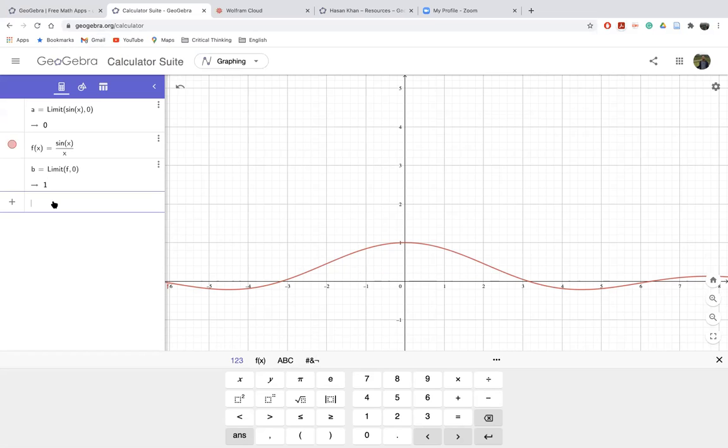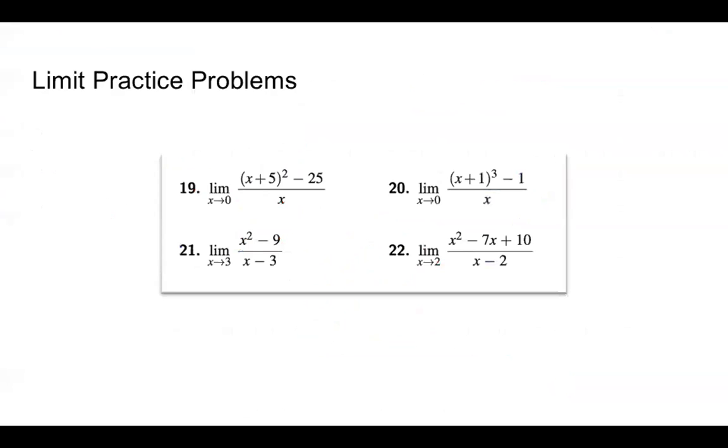But actually, I'm going to share some questions with you. I want you to try this question. For this, I have to change the screen. So here we are. I have some questions for you.